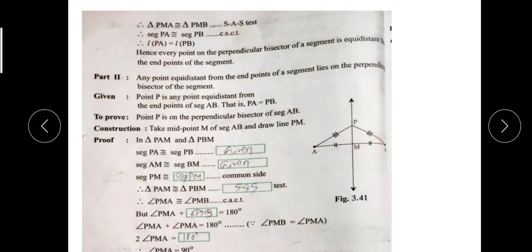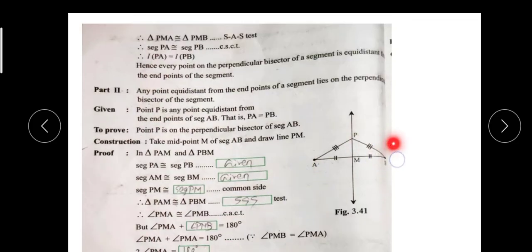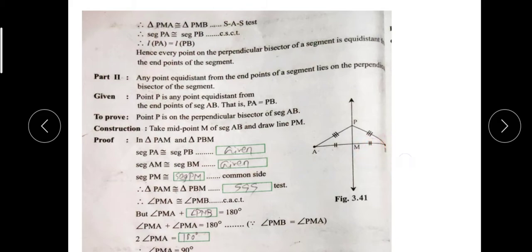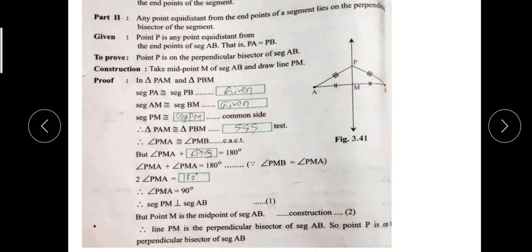PM is equal to PM because it is common. If PA is equal to PB, AM is equal to BM, and PM is common, then these two triangles PMA and PMB are congruent by SSS test, and therefore angle PMA and angle PMB are equal. If they are equal, then angle PMA plus angle PMB is equal to 180. Why? Because they are a linear pair.